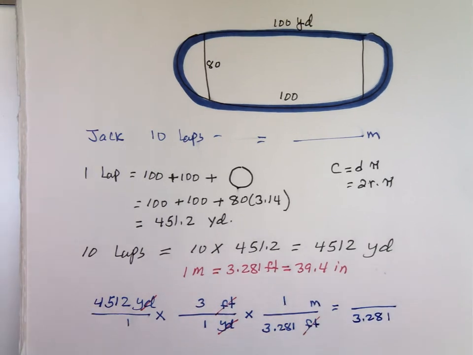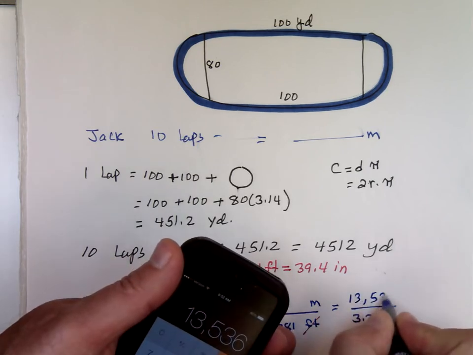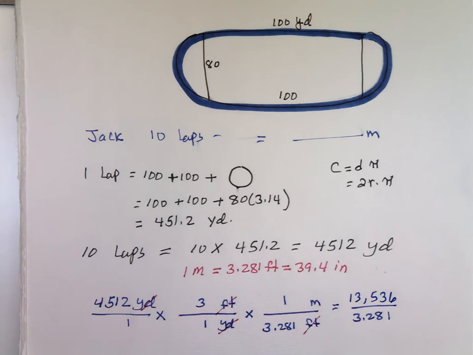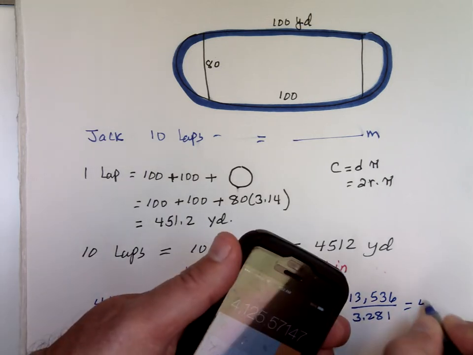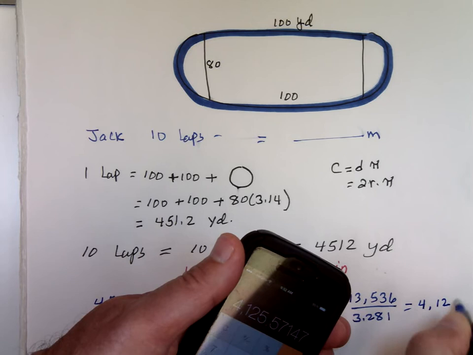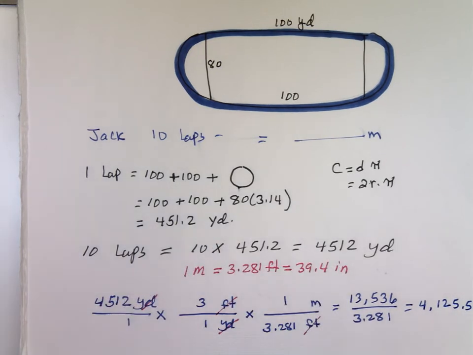So let's see, what is 4512 times 3, that's 13,536, divided by 3.281. The distance is 4,125.57 meters.